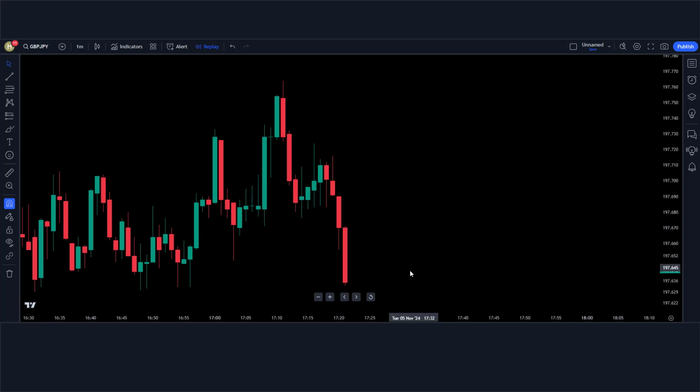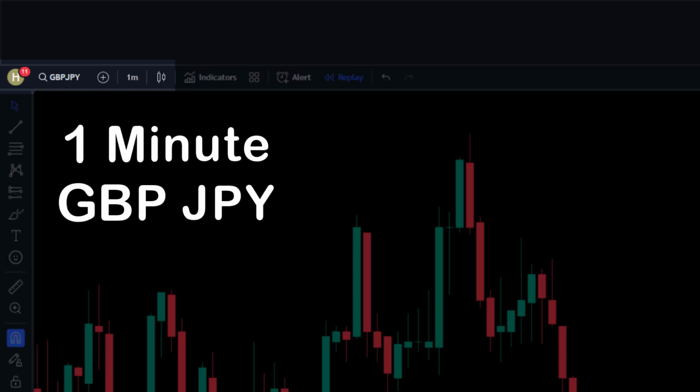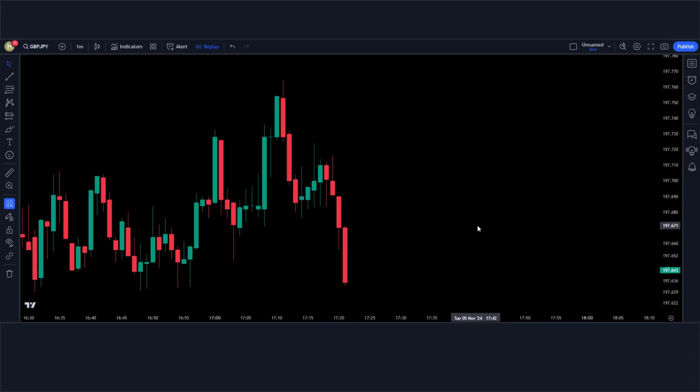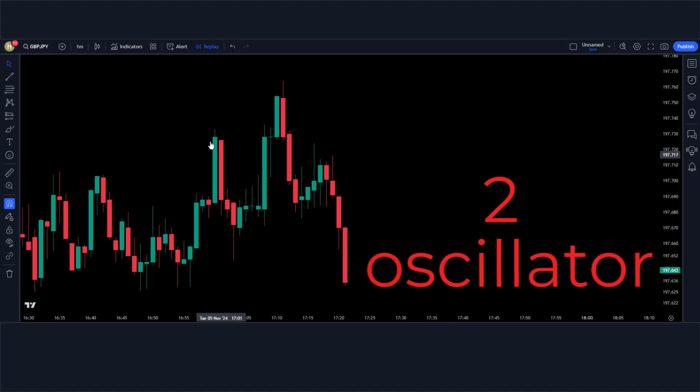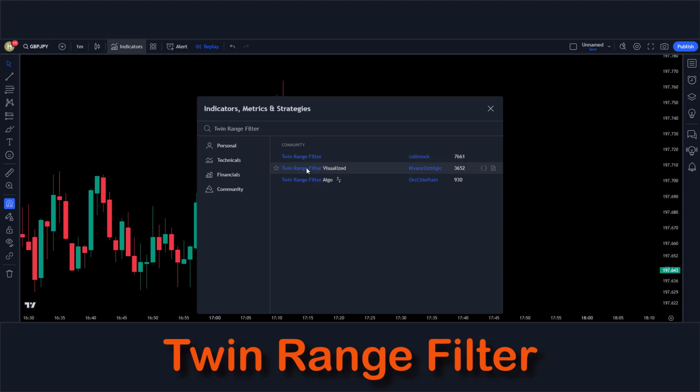So let's get started. Now let's create a trading setup. We are going to test this strategy on 1 minute frame in GBP JPY chart. In this setup we would require two oscillators. First indicator name is twin range filter.